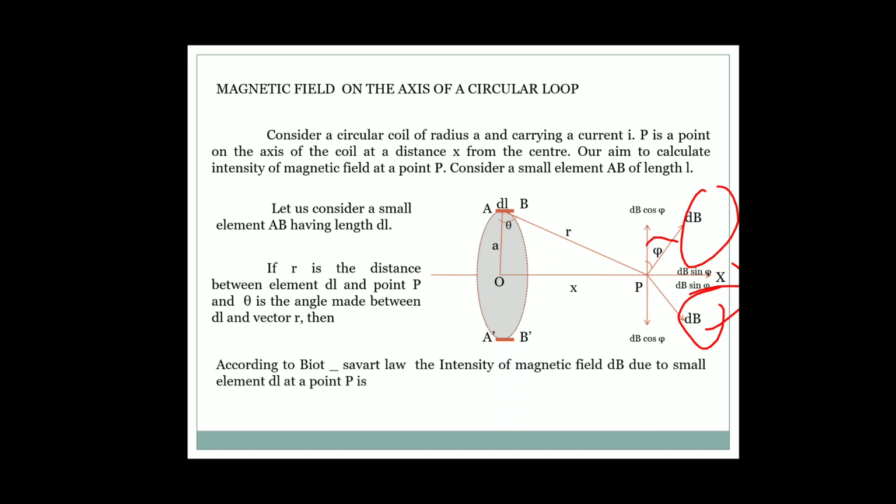According to the Biot-Savart law, the intensity of magnetic field at a point P due to the small element dl is dB equal to mu naught by 4 pi into I dl sin theta by r square, or dB equal to mu naught by 4 pi into I dl cross r by r cube.